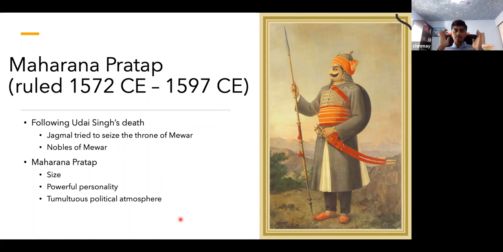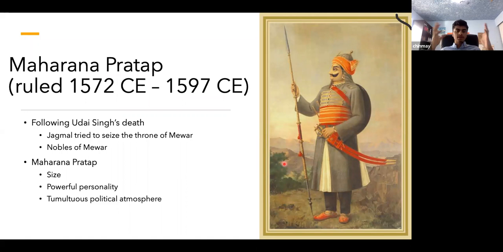So Maharana Pratap is a larger than life figure, quite literally. He was 7 feet 5 inches tall, and he weighed well over 300 pounds, I believe. And the spear he had weighed around 80 pounds. In terms of strength and personality, he was an incredibly inspirational ruler and motivational general, and just by looking at him, a lot of soldiers would be roused to go and fight into battle.